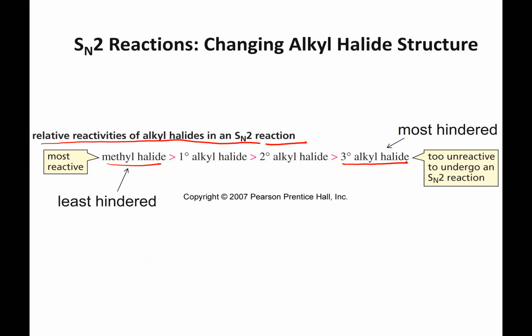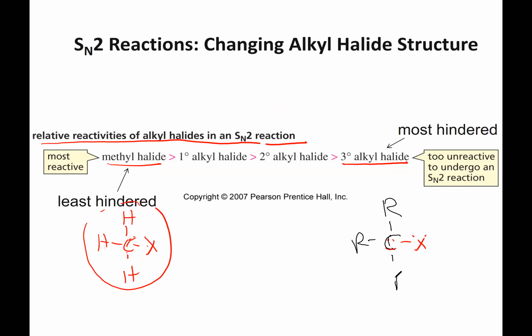So if you look at a methyl, you have very small hydrogens attached, right? I'll put a leaving group on here. Hydrogen's a very small atom, so this is not very crowded around the carbon. You look at a tertiary halide, you have larger R groups around the carbon.